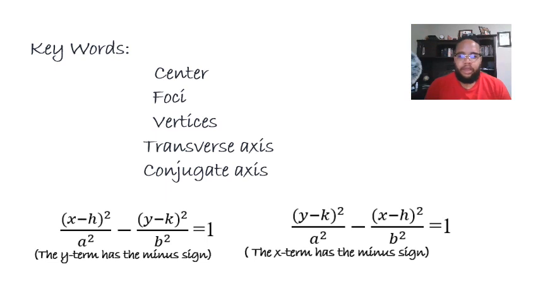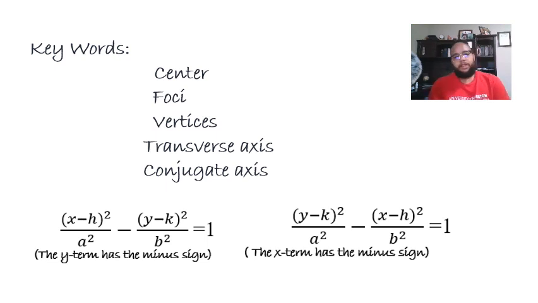The other way you can see it is (y minus k) squared over a squared minus (x minus h) squared over b squared equals 1. And because the y is positive, it's going to open up and down.